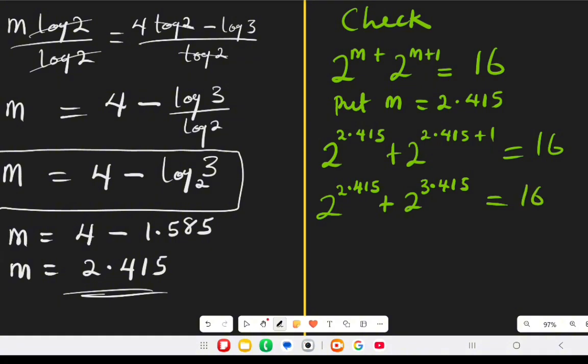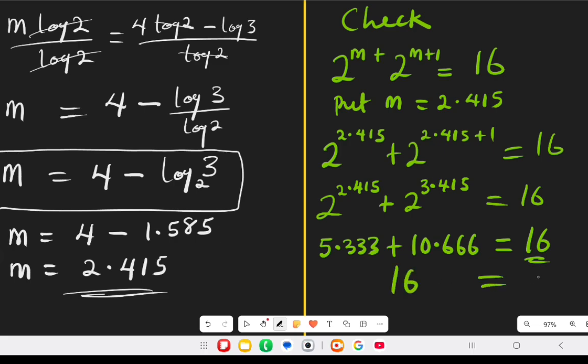When we calculate this, we will have 5.333 plus 2 raised to the power of 3.415, which will give us 10.666. When you add 5.333 plus 10.666, you will arrive at 16 approximately as the answer, meaning 16 is equal to 16, which satisfies the equation.